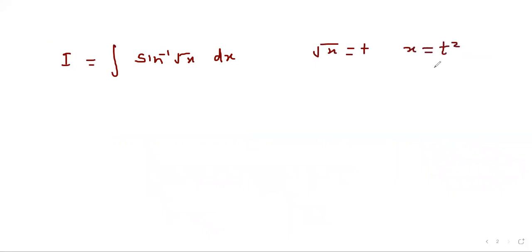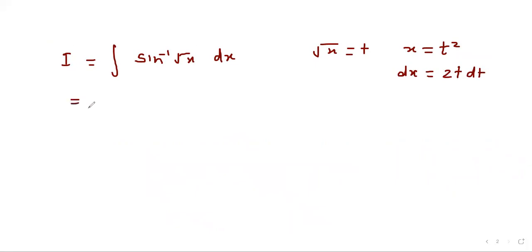So we have taken I equal to integration sine inverse root x dx. Here, if we put root x equal to t, or x equal to t square, and we differentiate it, so dx equal to 2t dt.